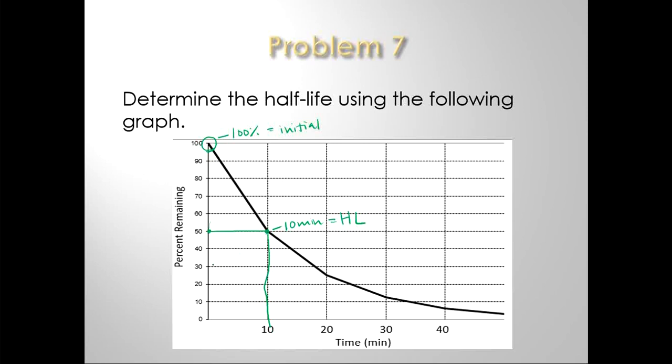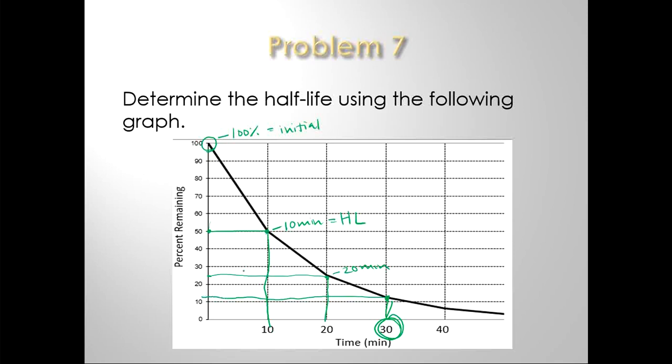Well, what if the problem asks you how much time did it take for 25% to remain? So you would go to 25, where it hits the point on the graph, go down, and that would be 20 minutes. Now, I could also ask you how much remains after 30 minutes. So then in that case, you would look at the time first, 30 minutes, go up to the graph, hit the curve, and this time you read the y-axis.